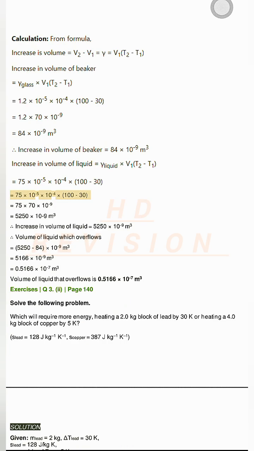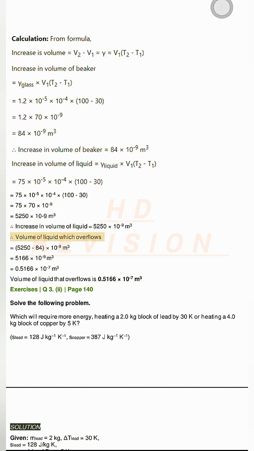Solution. Increase in volume of liquid equals 75 times 10 to the power minus 5 times 10 to the power minus 4 times (100 minus 30) equals 75 times 70 times 10 to the power minus 9 equals 5250 times 10 to the power minus 9 m3. Therefore increase in volume of liquid equals 5250 times 10 to the power minus 9 m3.